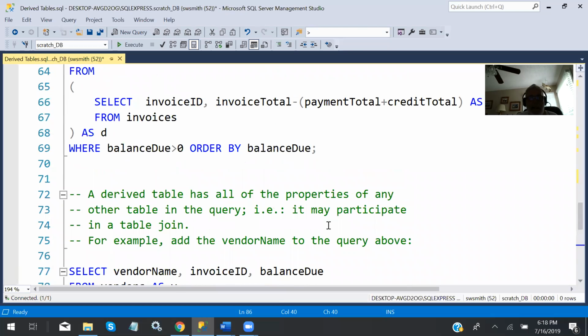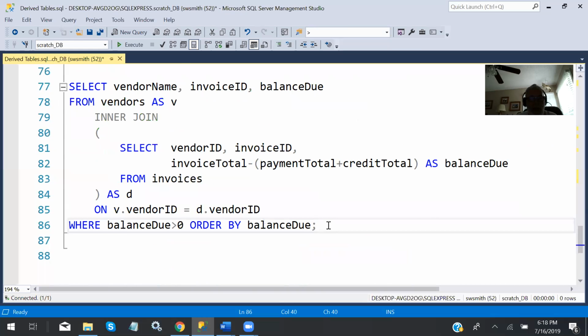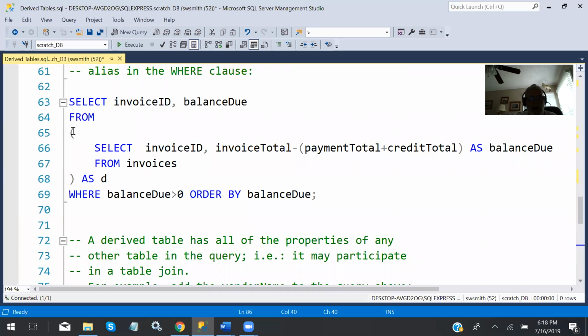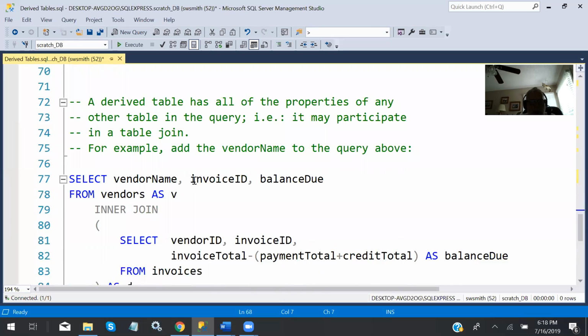Let's see, what was I going to say here? Oh, so sometimes you use a derived query to hide information. So it would be possible that the invoice ID is, let's say it's confidential. Let's say that we're not allowed to divulge that.